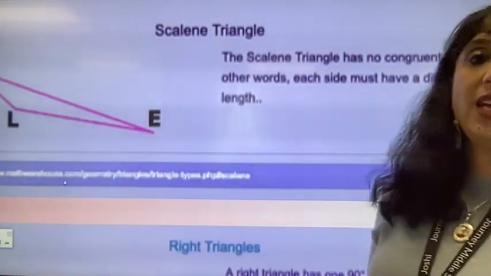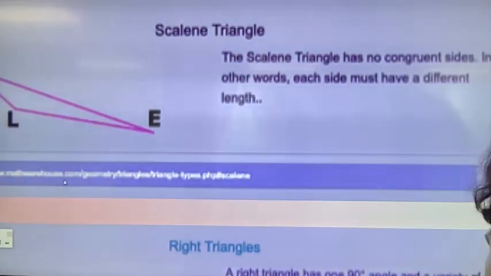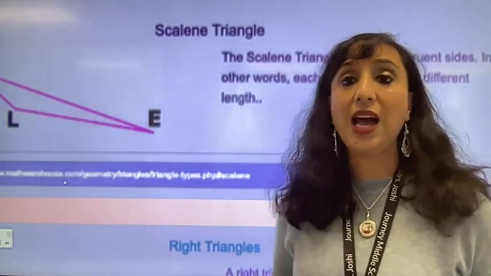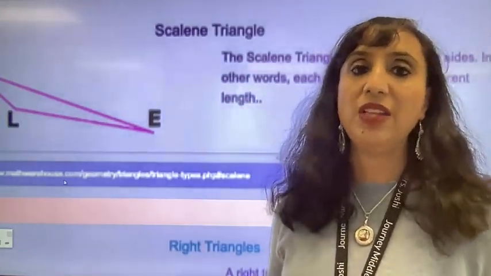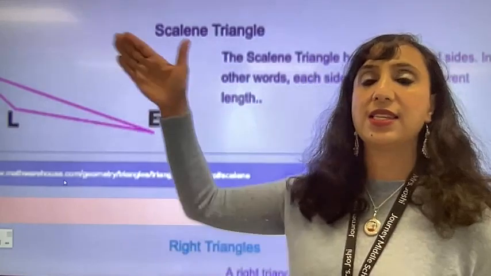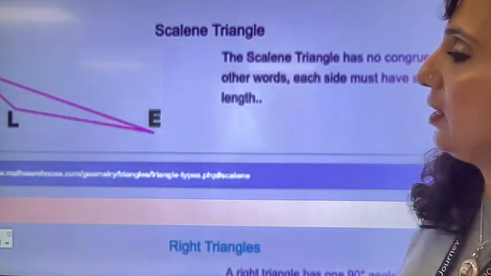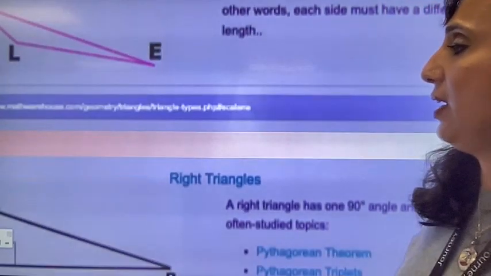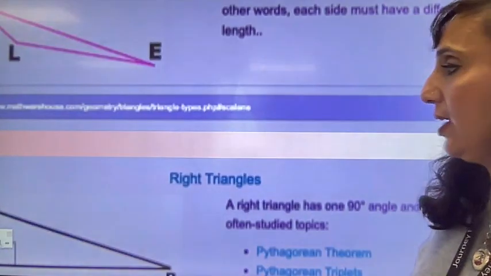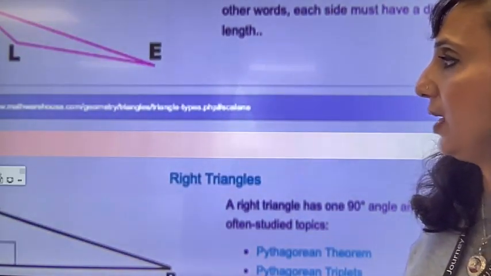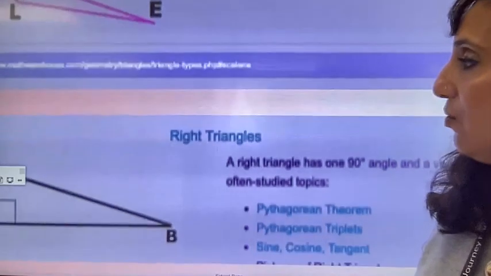We have a scalene triangle. There is no congruent side, no congruent angle. Everything is different, and that is a scalene triangle. Then if I look at a right triangle, it has one 90-degree angle. Okay, so a right triangle has one 90-degree angle, as you can see over here.